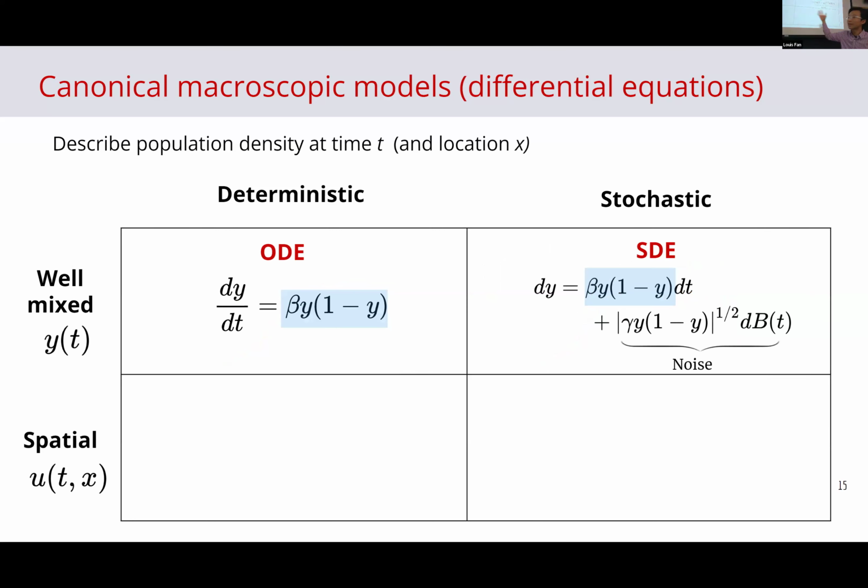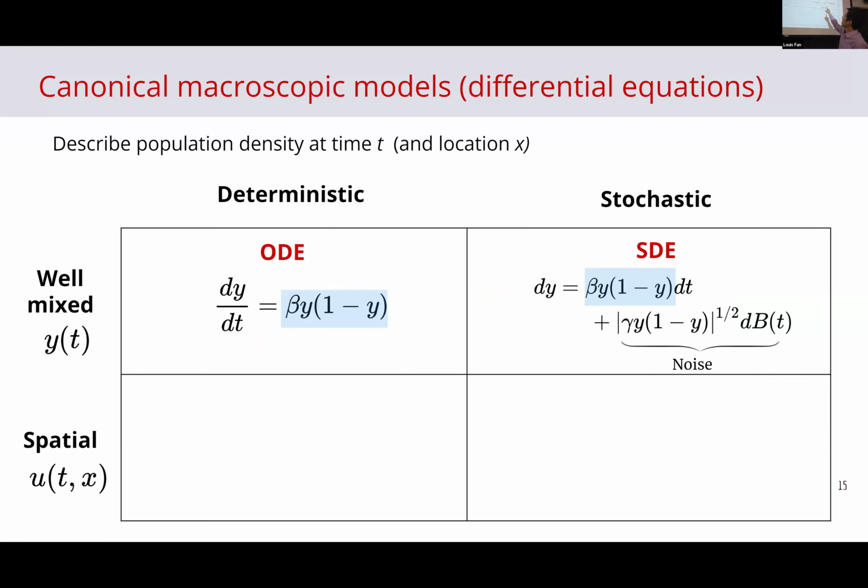And these are just two examples of the equation. ODE is ordinary differential equations, and SDE is the stochastic differential equation. So this is probably one of the first models, the logistic growth model for population dynamics. There's a carrying capacity, here just one after normalization, and beta is a growth rate.